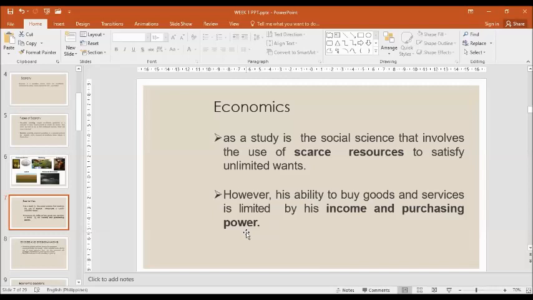It is a social science that involves the use of scarce, or limited, or insufficient resources to satisfy unlimited wants. However, a person's ability to buy goods and services is limited by his income and purchasing power.